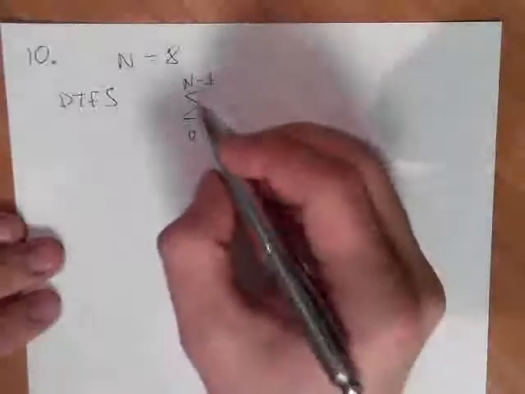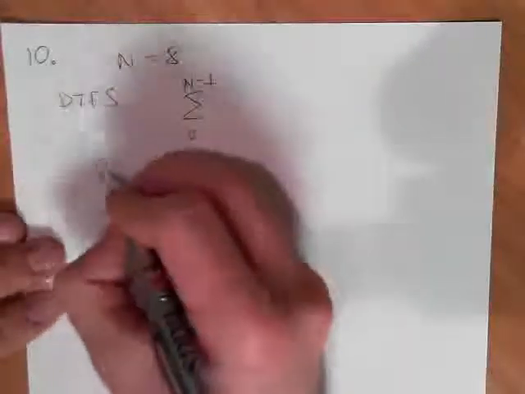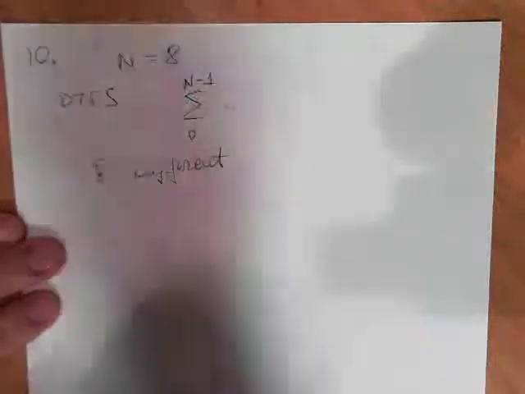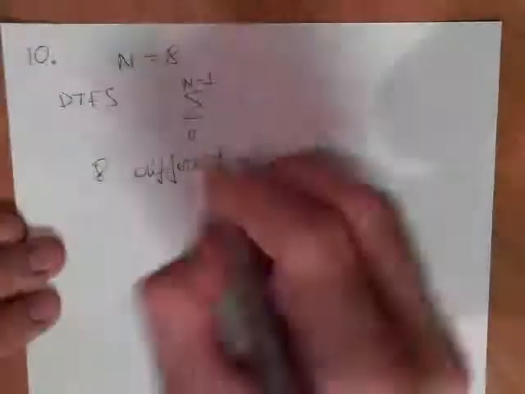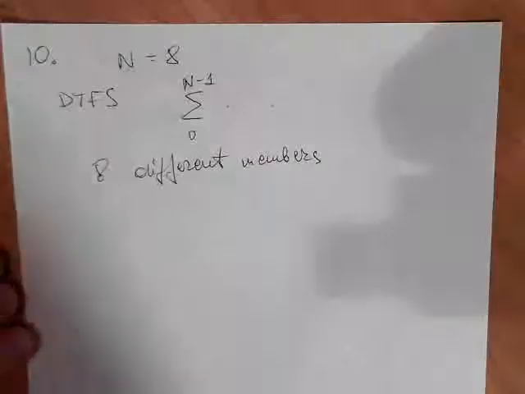So there are members from 0 to 7, which means there are 8 different members. There is no trig here.